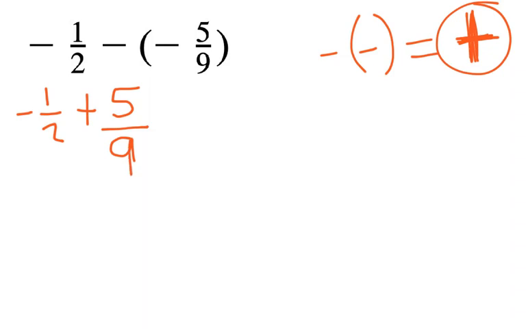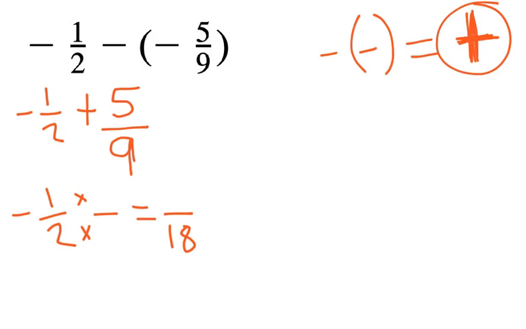All right, let's start with 1/2. So if I have negative 1/2, I want to multiply the numerator and denominator by a number so that my denominator equals 18. What do I have to multiply 2 by to get 18?